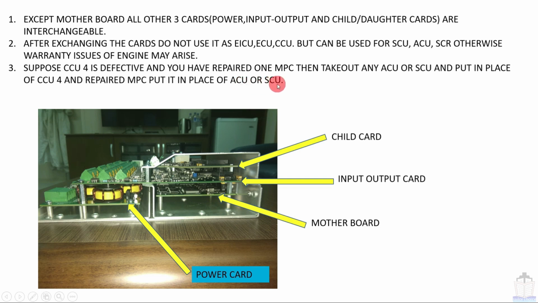I hope it is understood, because SCUs are not such important MPCs. They can run with the repaired one, no problem, but since these CCUs are very important because they take part in the combustion process, if it is a repaired one or some alteration is done, then obviously the warranty part will be compromised. Okay, now next, this repair can be exercised only in case of emergency, as I have already told.